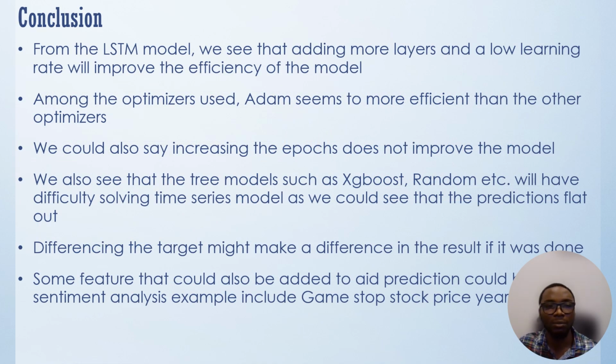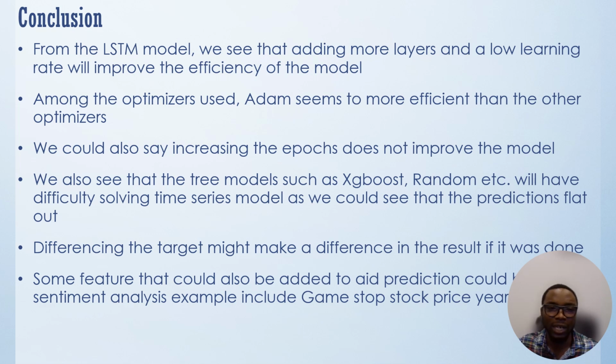So in conclusion, we'll say the LSTM, when we had more layers and a lower learning rate, seems to be more efficient in actually predicting the data. Adam optimizer seems to be the best optimizer that could be used for the LSTM.